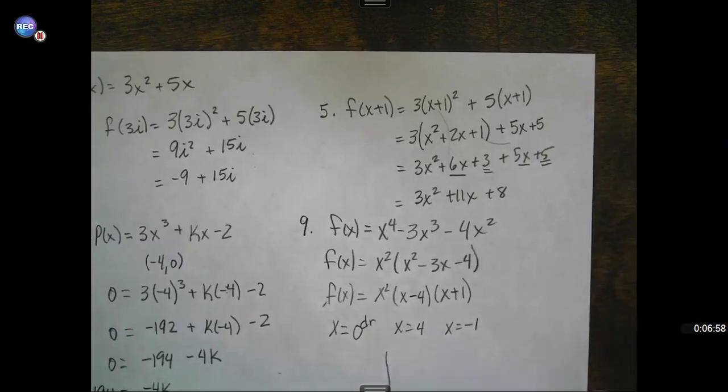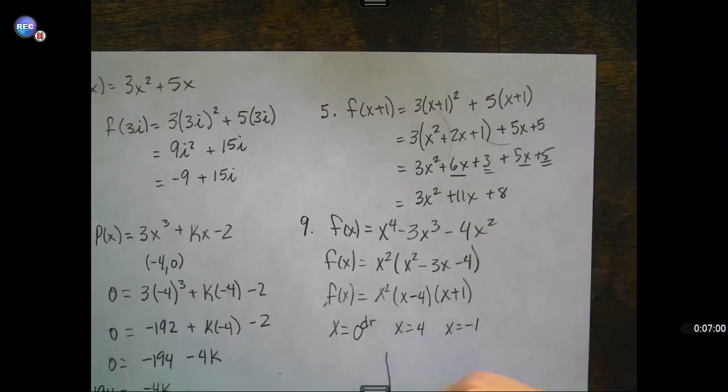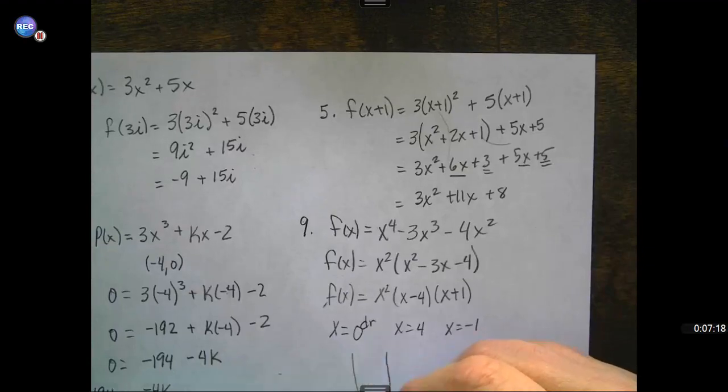And we just graph that. Negative 1, 0, and 4. And it is a quartic, and it is positive out front. So it's going to open up, which means my arms are up in the air. And x equals 0 is a double root.